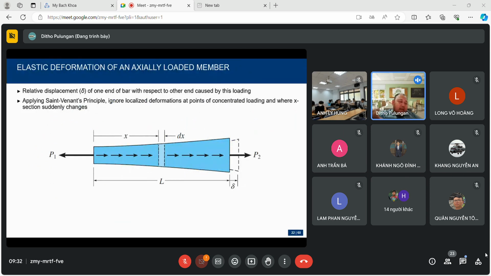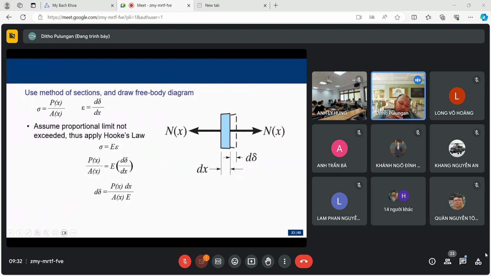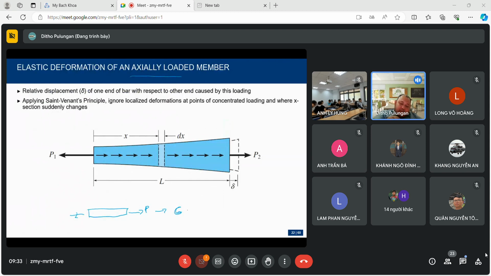Next week, we are going to continue our study on axially loaded members. What we learned before is you have a bar, you give a load, let's say P, you calculate the stress, which is P divided by A. This is what we learned so far. And then we can also calculate the strain, delta L divided by L0.